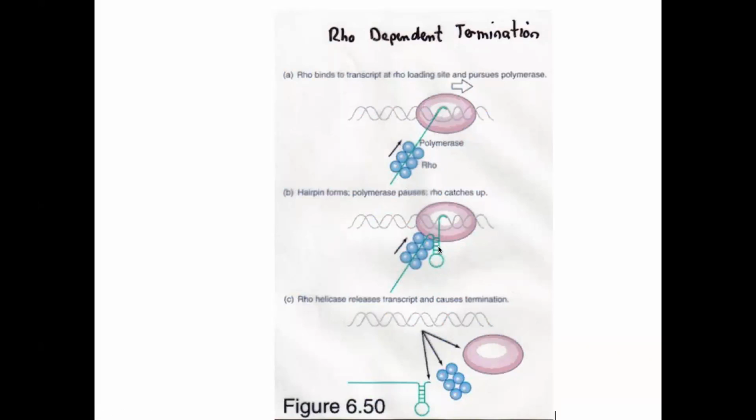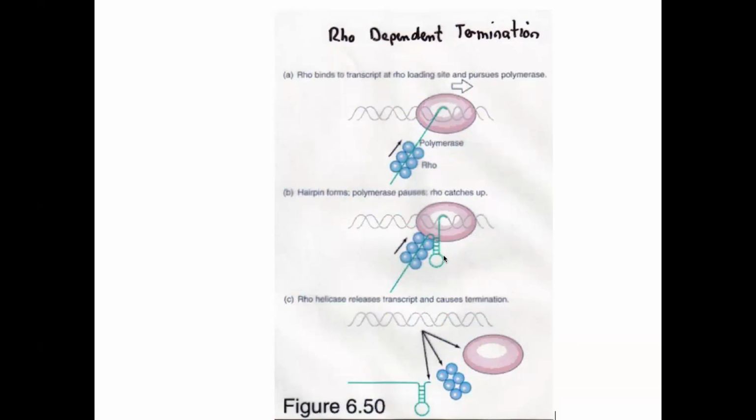So in addition to that, there is a Rho protein that has the ability to bind. Its characteristic is that it can bind to single-stranded RNA molecules. And in doing so, the Rho protein subunits will associate with this complex of RNA polymerase and newly formed transcript in the area where that secondary structure has formed.